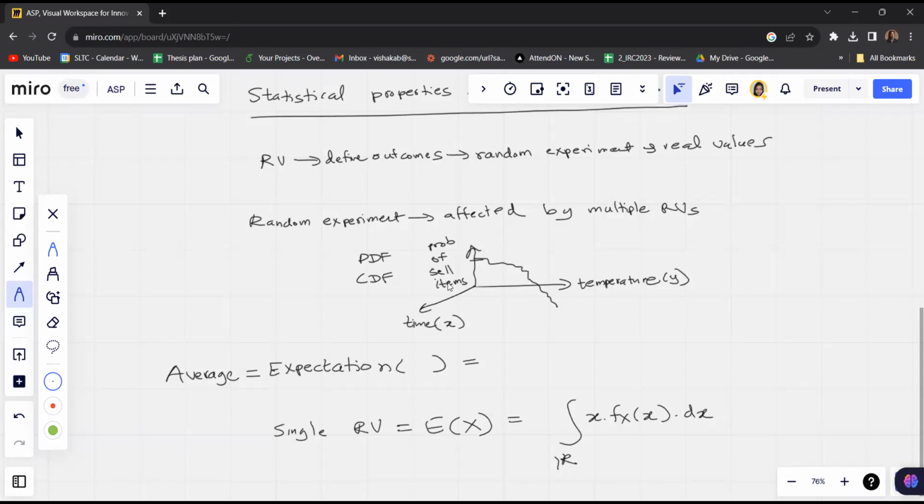So the average value of the random variable gives us an idea about which value of the random variable occurs the most, the value which has the most probability of occurring.